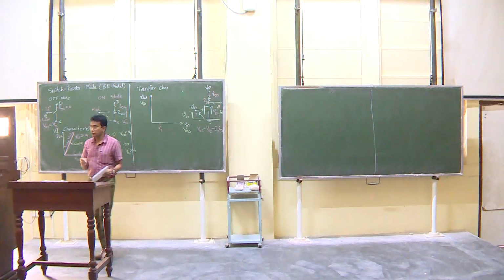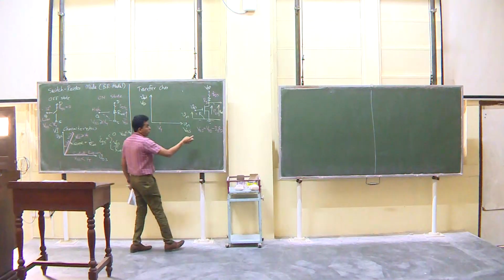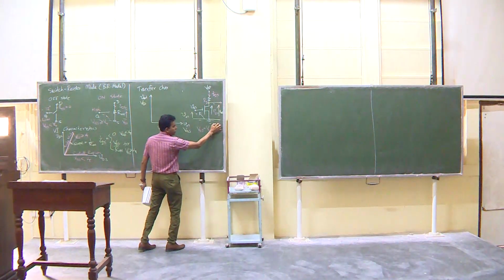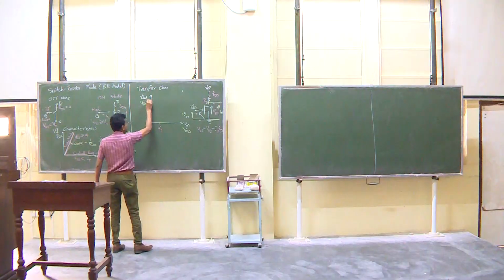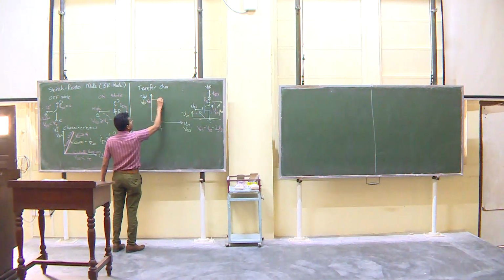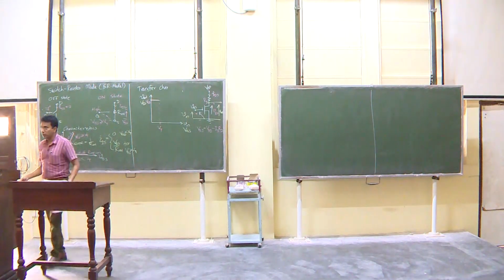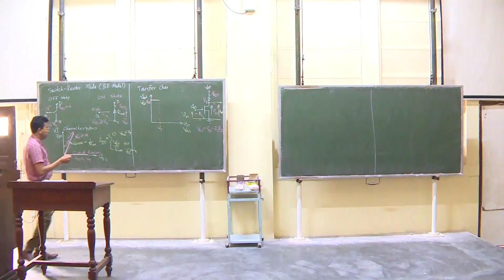So, that is the equation from Kirchhoff's voltage law. Therefore, when ID is 0, VDS is equal to VDD. So, this is VDD up to this level, that is the off state, right.